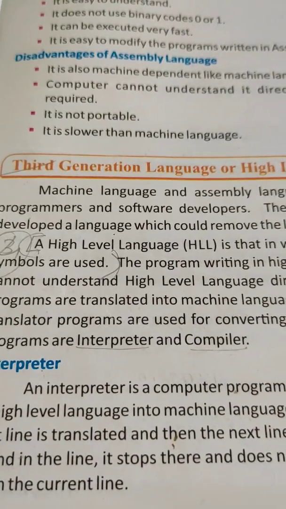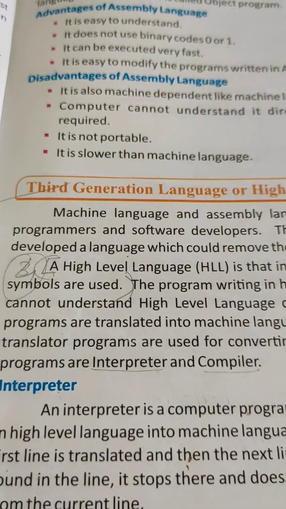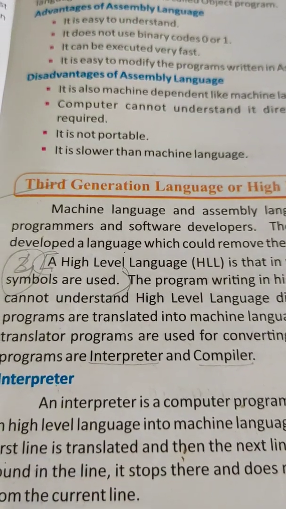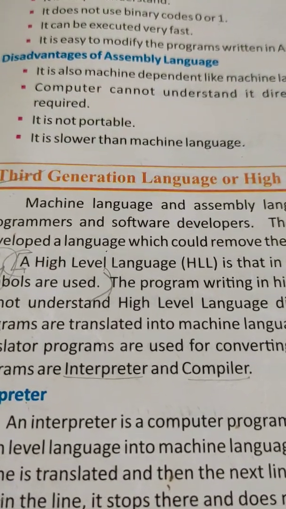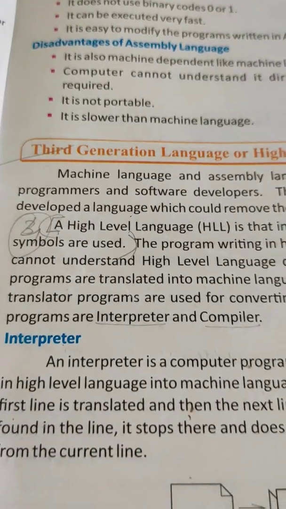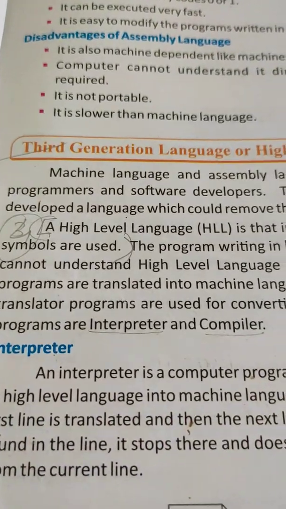Suppose the first line is translated, then the next line is translated. If any programming error is found in the first line, it does not go to the next line without removing the error of the first line. This is the function of the interpreter, meaning it translates line by line.